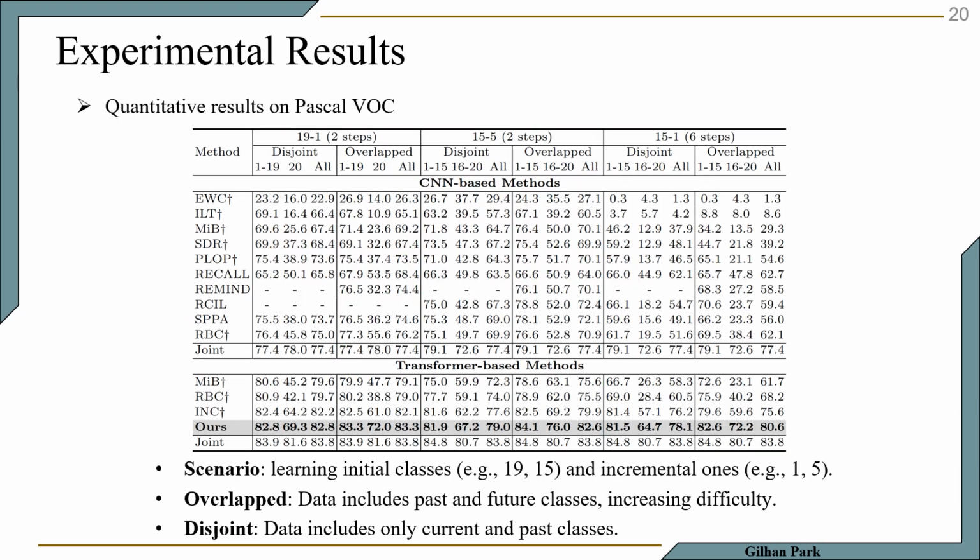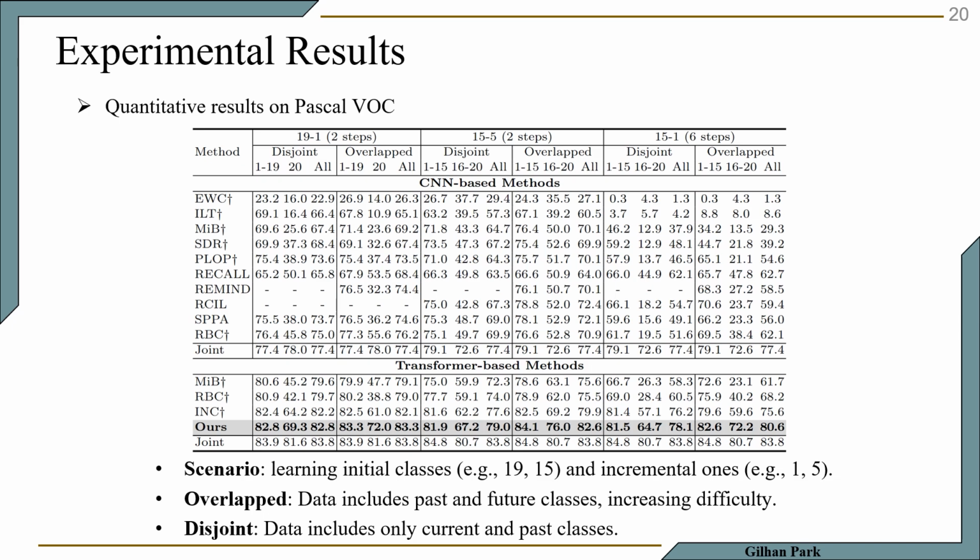In our experiments, the scenario involved learning initial sets of classes, such as 19 or 15, followed by incremental learning of 1 to 5 additional classes at a time. The overlap setting includes both current and future classes, increasing the challenge, while the disjoint setting includes only current and past classes.